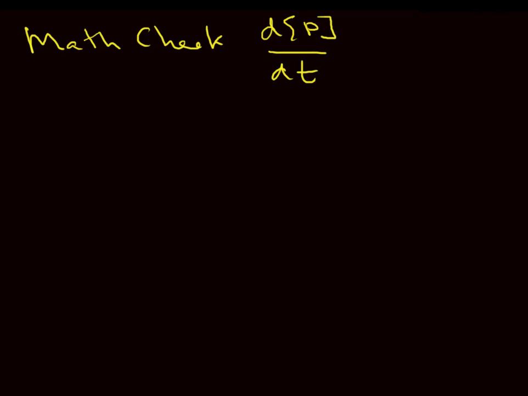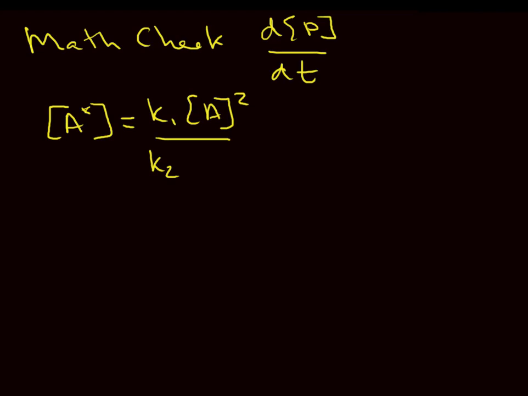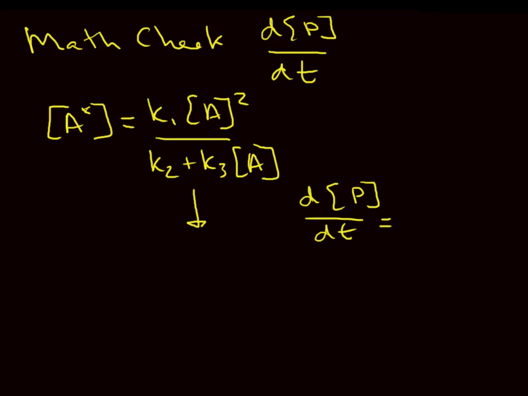And so let's take a step back and make sure that we understand that the concentration of A star was equal to k sub 1 A squared over k2 plus k3 times the concentration of A. And from here, we apply our definition for dP over dt equals k sub 2 A star.